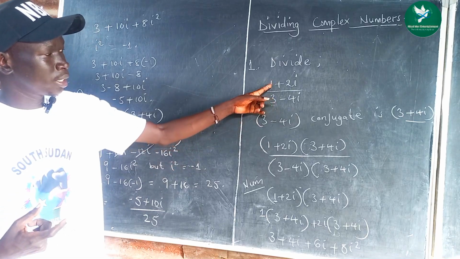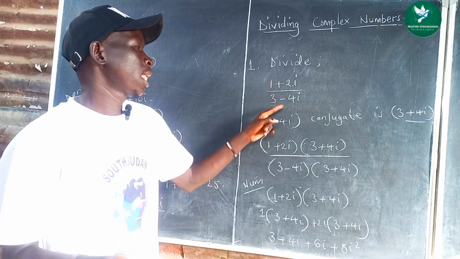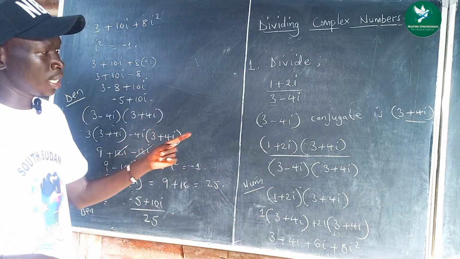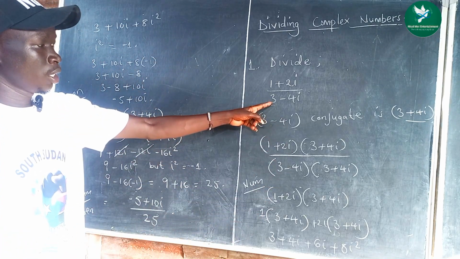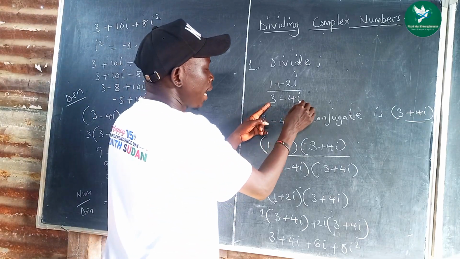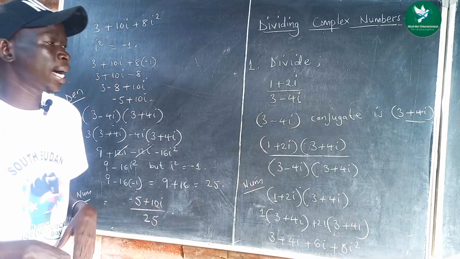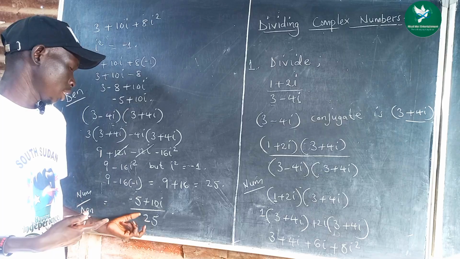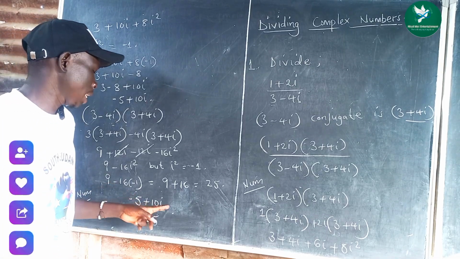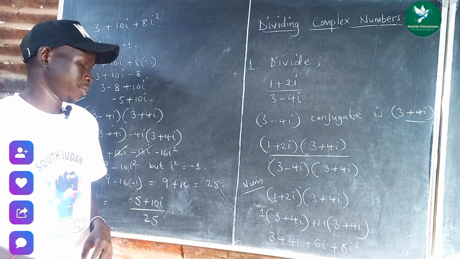The numerator is a complex number, and also the denominator is a complex number. But we realize that on the denominator part, i cancels out. Simply, i is rationalized. That is why we are getting negative 5 plus 10i divided by 25.